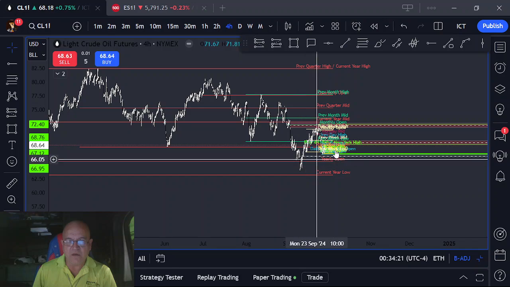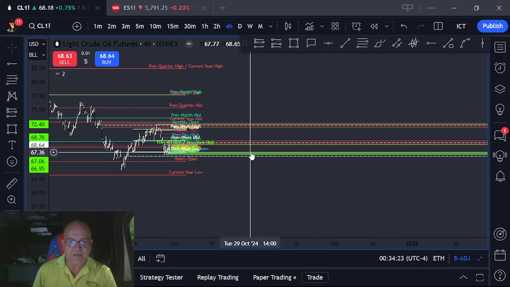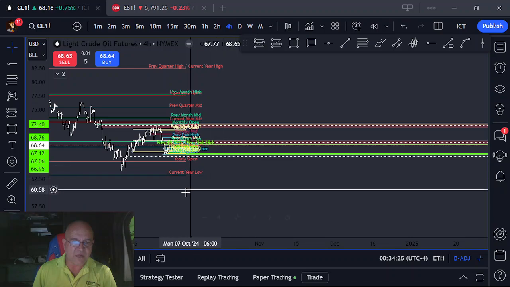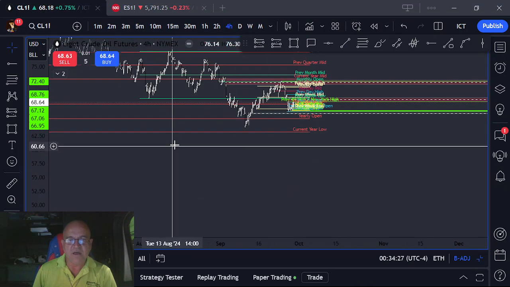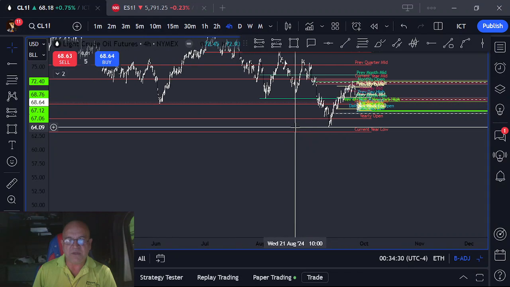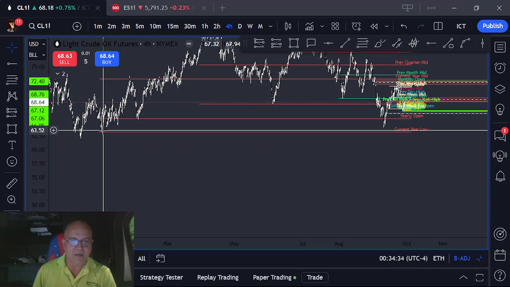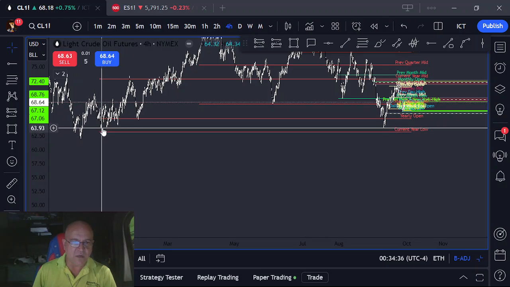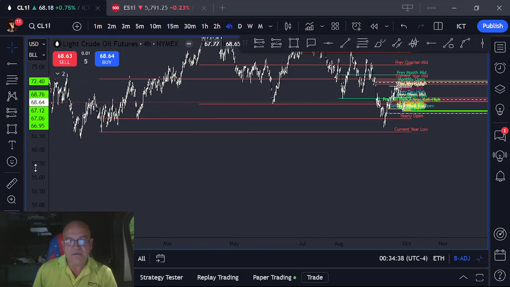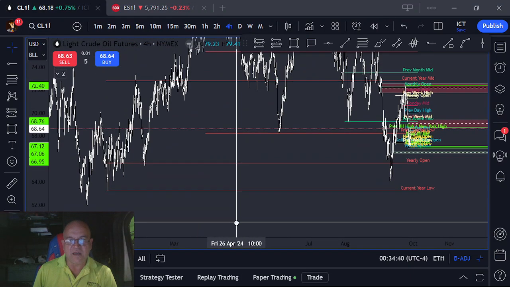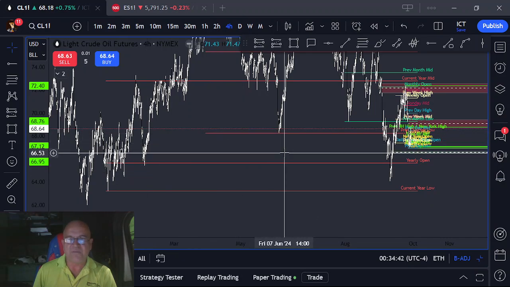So we very well could come back down, grab this liquidity, get through that fair value gap and invert it to go down, sweep this low. And if we sweep this low, I think we're grabbing these lows as well, right? And then we could have a very nice reversal to the upside.